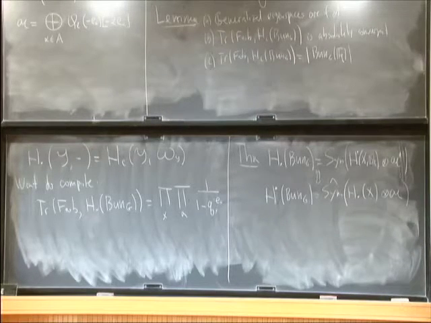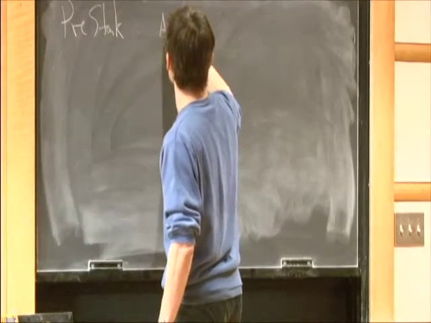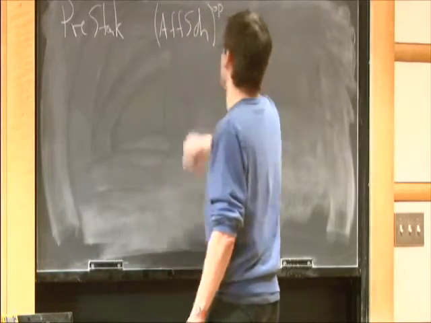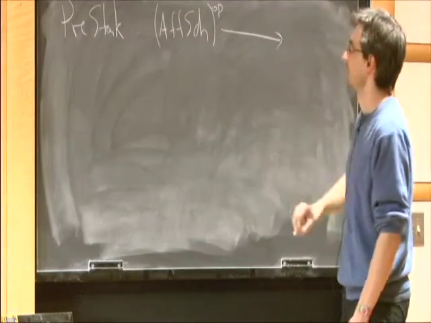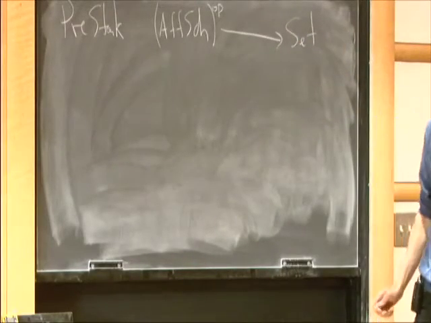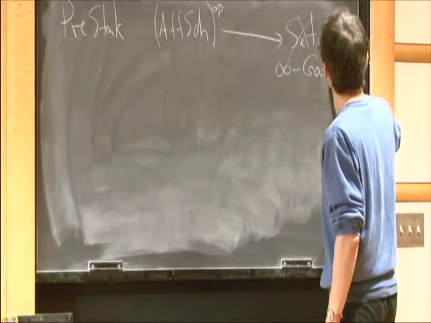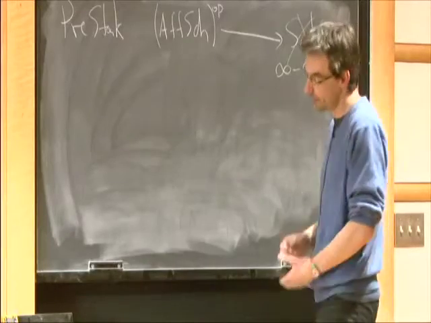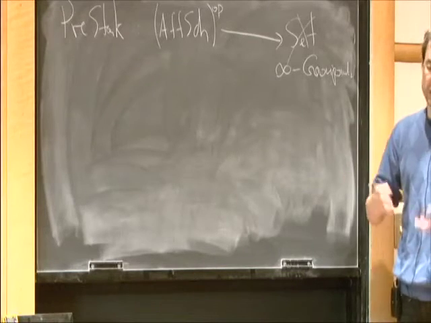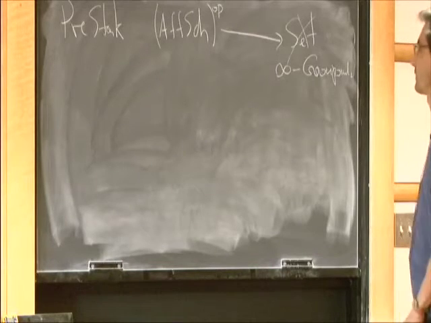A pre-stack is an arbitrary contravariant functor from the category of affine schemes of finite type to, well, I'll write the category of sets, but in fact that won't do. You have to replace it by infinity groupoids. Even usual stacks are not sets: the points have automorphisms, and in general you have to consider automorphisms of automorphisms, and so on. So you are in the world of homotopy theory.